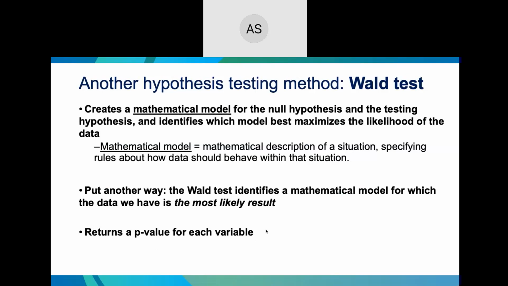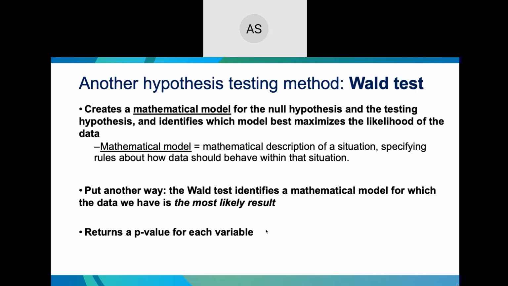So you're still just asking the same question as in the t-test, just in a different mathematical way. You're asking, what's the probability the null hypothesis is true? And the way that the Wald test does this is by running two math models.